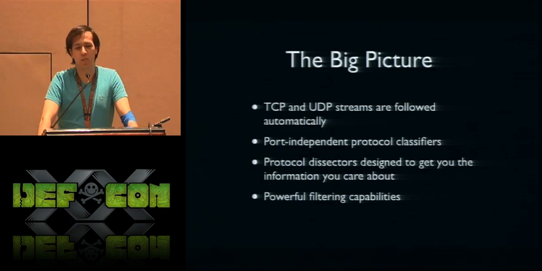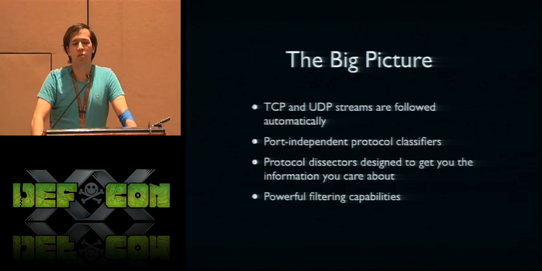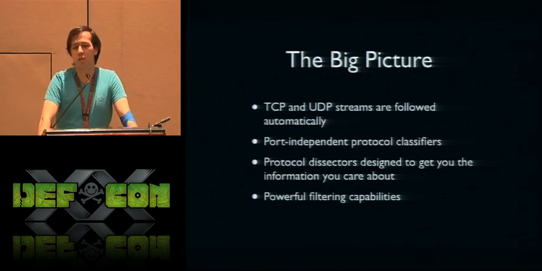The HTTP dissector, for example, will show you information such as the user agent that was requested, the page that was requested, give you a chart with all the GET and POST parameters, and give you the option to just download the file that was transferred or the page that was transferred and save that out right off the bat.